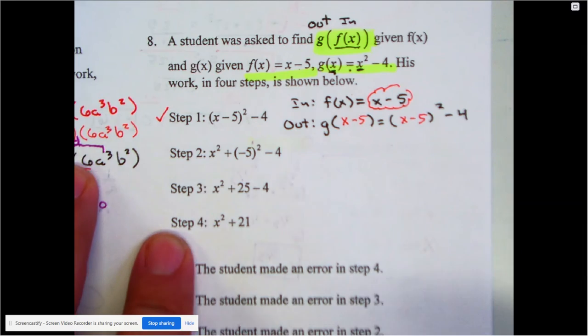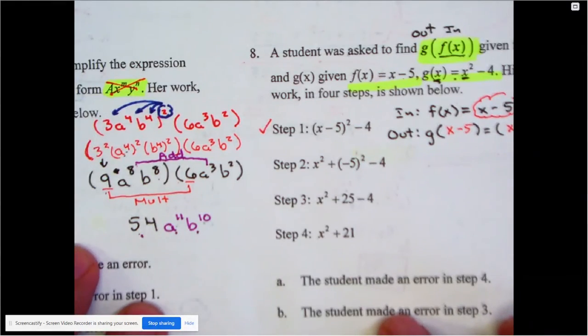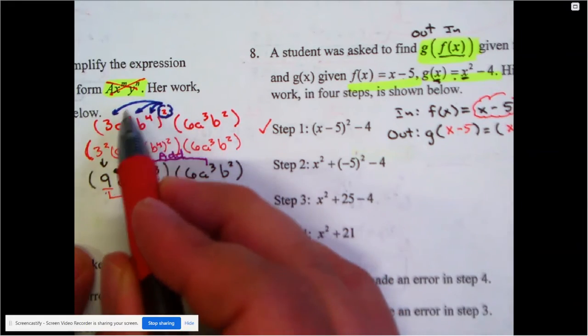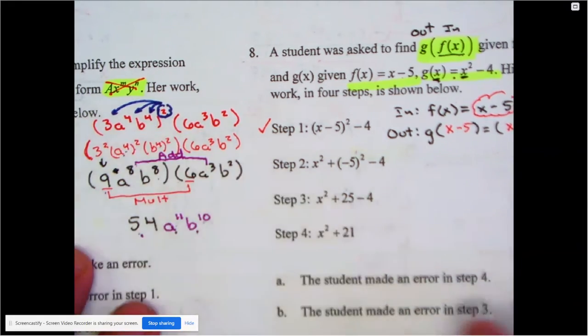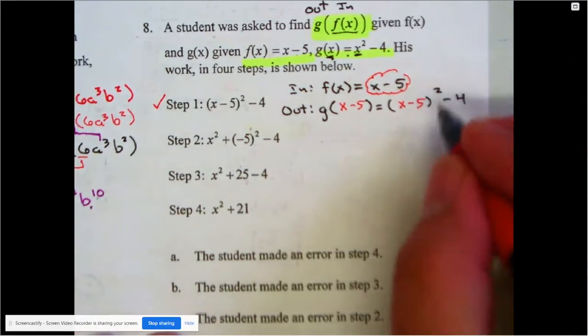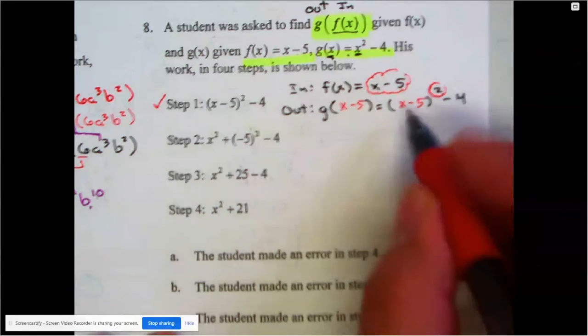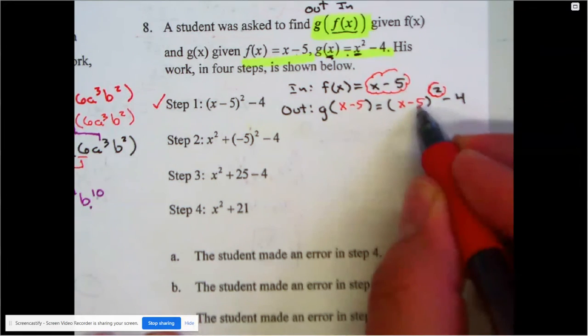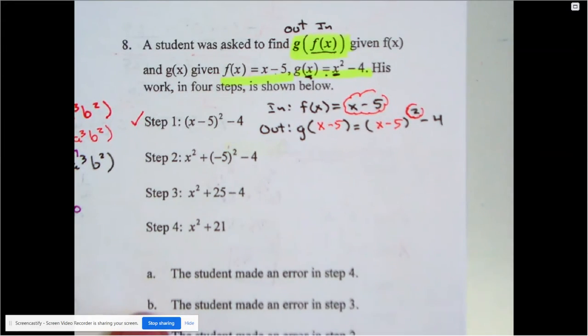Now, I understand that when we did this problem over here, I said, hey, there's no adding or subtracting. I gave everybody a power of 2. But when you look at this one, yeah, there's a power right here, but there's a minus sign. You are not allowed to give everybody a power of 2. Remember, this was the warning that we had for you.